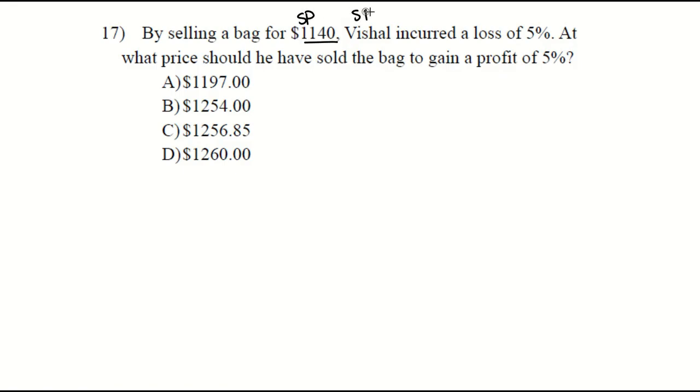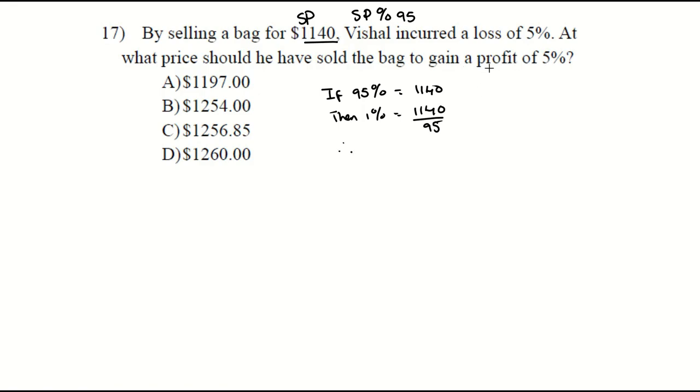And your selling price percent, because he made a loss, we know that would be 95%. It would have been 100 minus 5, right? So if 95% is equal to 1140, then 1% would be 1140 over 95.